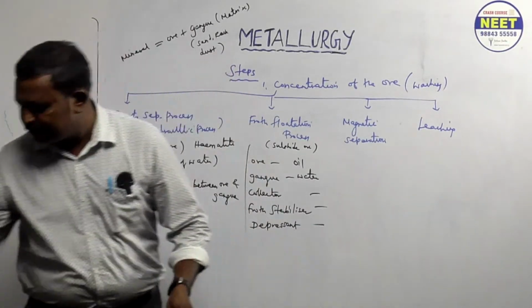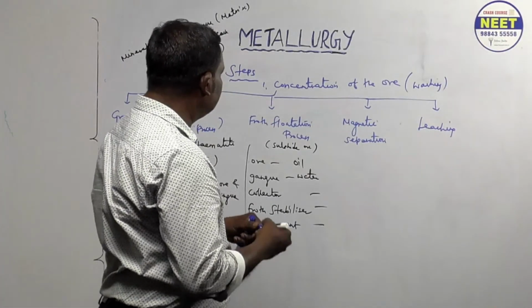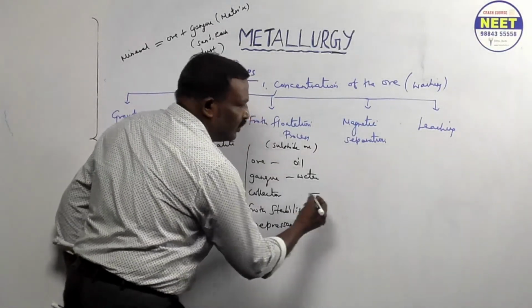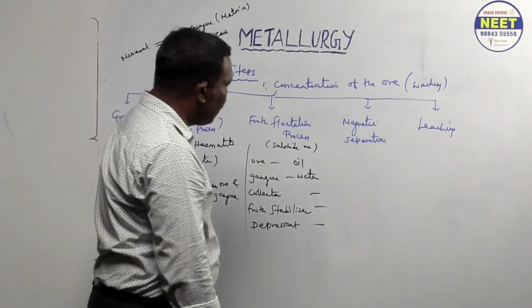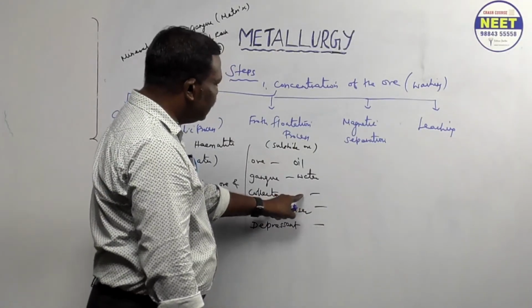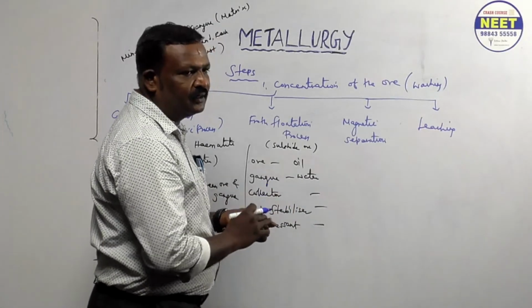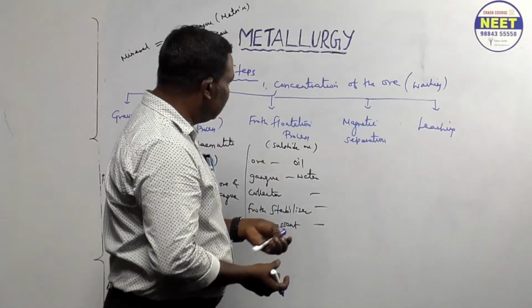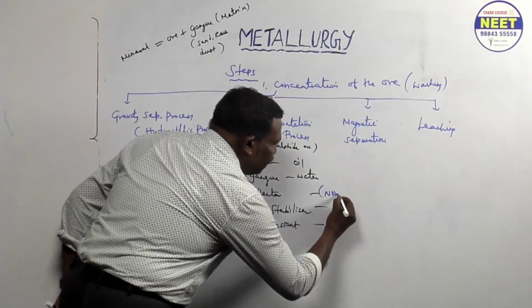Collector means it makes the ore non-wettable, so it makes the ore in a non-wet condition. Simply we can say it makes the ore dry. It gives the non-wettability property.